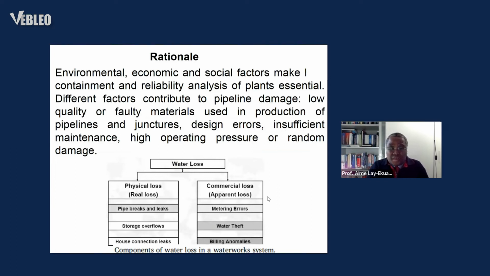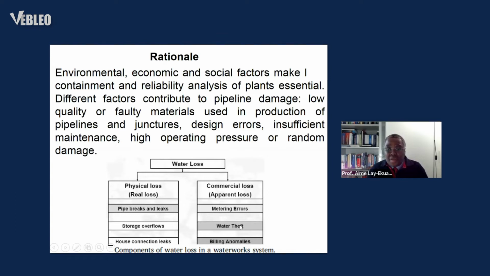Okay, so there are basically two main approaches in detecting water loss. So we can work in the field of physical loss, real loss. We can improve the quality of pipe breaks, and maybe we have to reduce the storage overflow and old house connection.